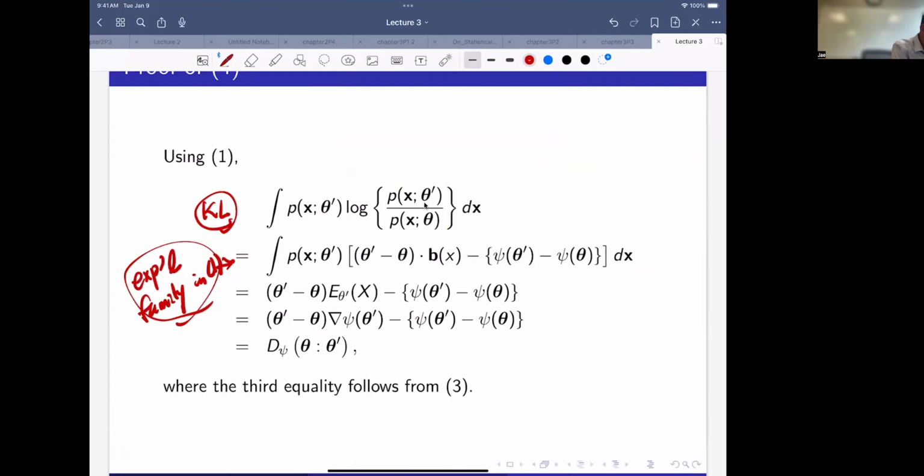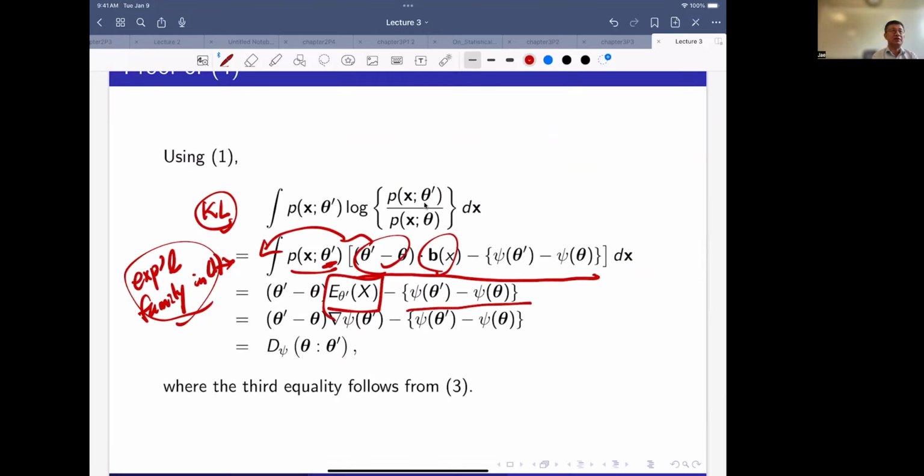So we get something like this. Now the integration involves the density function, so this can go outside, and this is just the expectation evaluated at theta prime. And the remaining part is just this one, because f is a density.